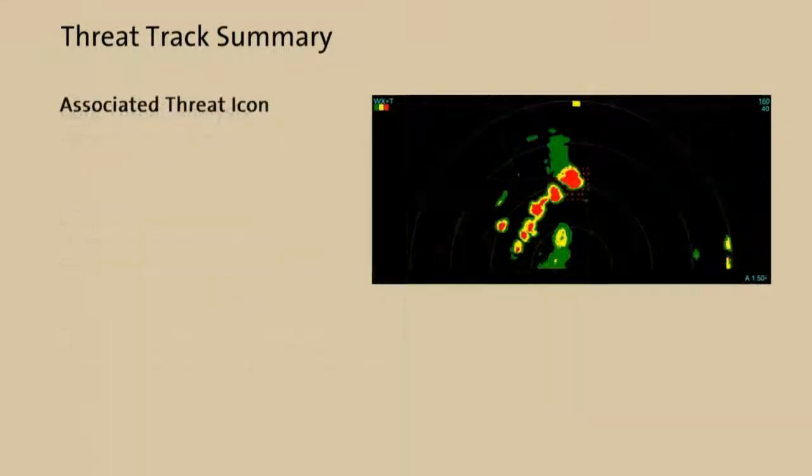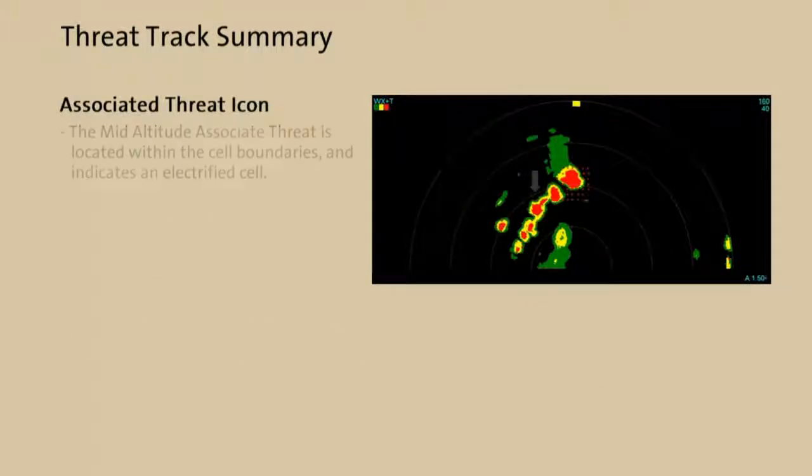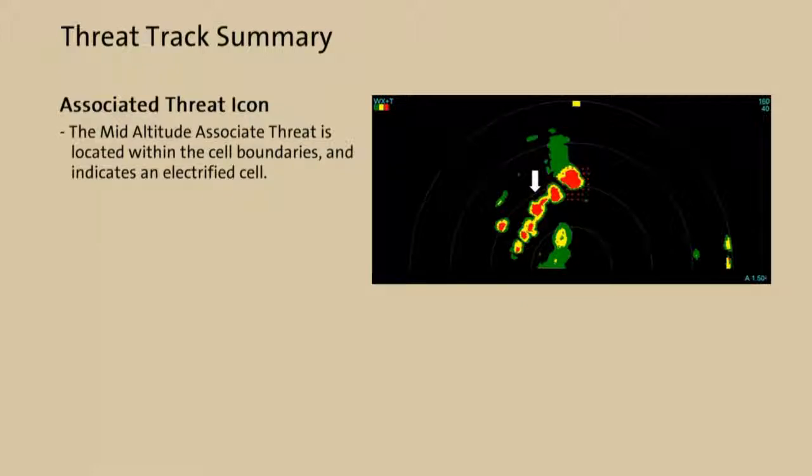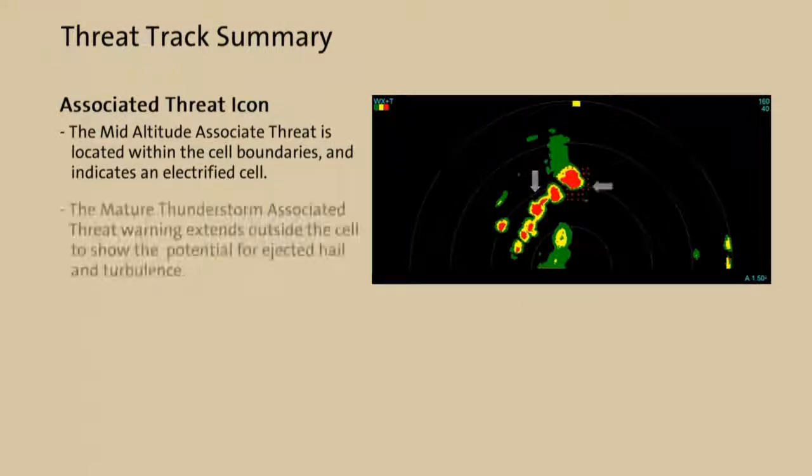The red speckled associated threat icon is displayed in three different ways. Mid-altitude electrified cells have red speckles contained within the cell boundaries. For mature thunderstorms, the red speckles are extended outside the cell to show the potential for turbulence and hail outside the cell boundaries.